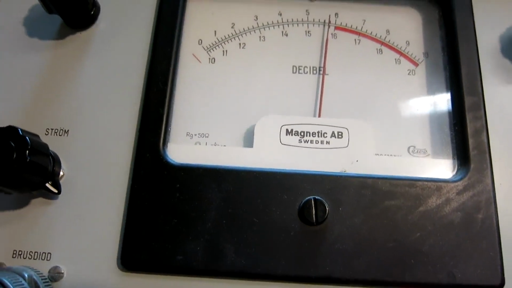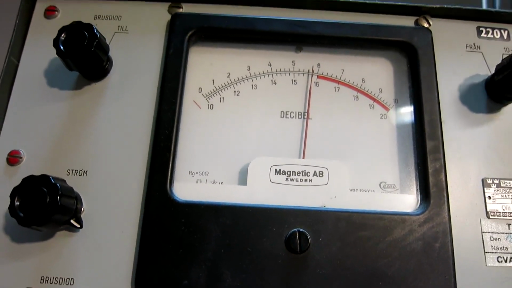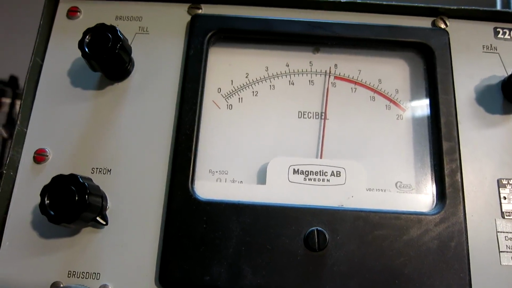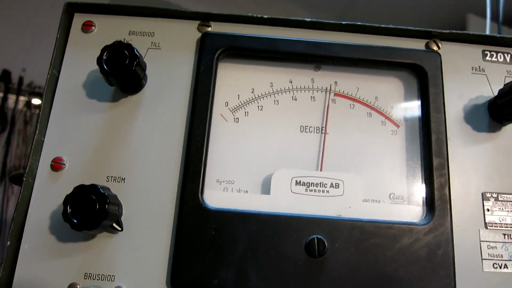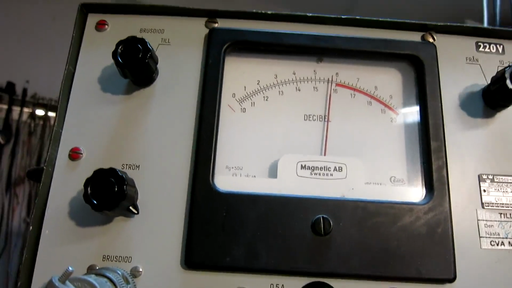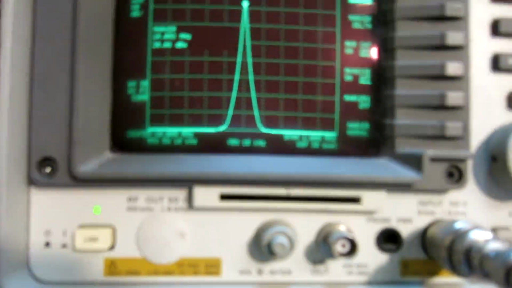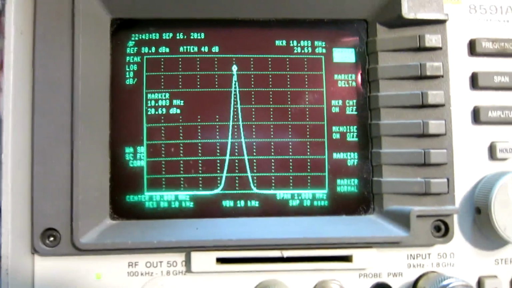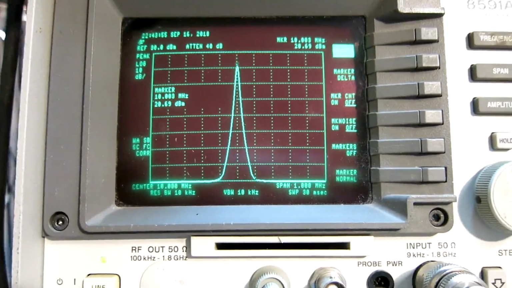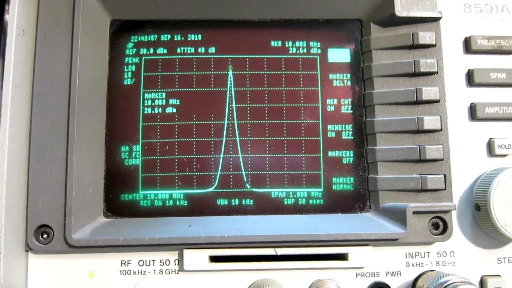Means the noise floor is at minus 174 plus 5.7 dBm per hertz. And that's at a power level of 20.6 dBm.